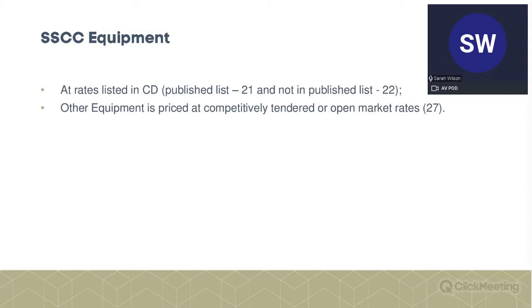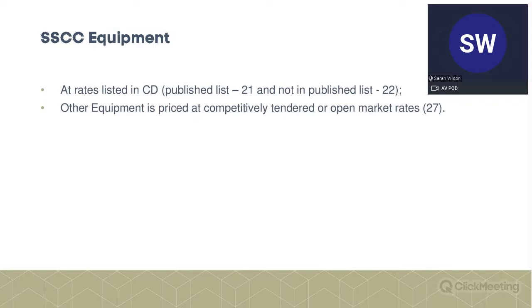Basically, what you get paid for equipment, for your cranes etc., is based on any rates listed in the contract data part 2 or any published lists that are referred to.